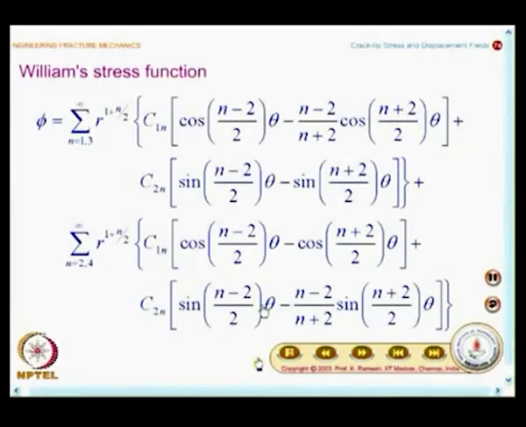And we will also have one more observation. See, if you look at the second term in the mode 1 loading, that is nothing but n equal to 2. If you write this expression, I will have this as r squared C12 cos 0, so that it will become 1 minus cos 2 theta.